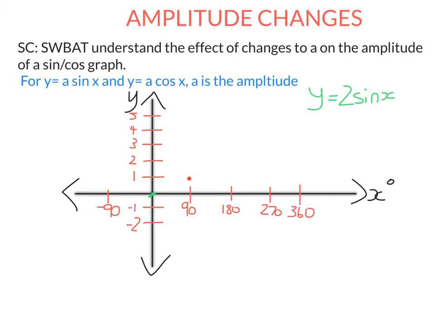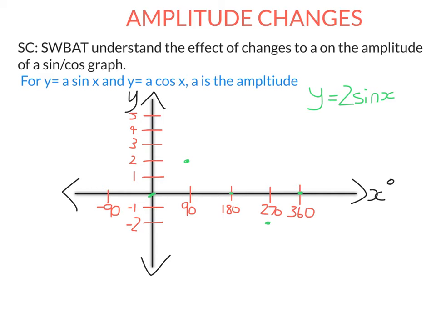But because the amplitude here is 2, the maximum's going to be up here at 2. So we put a dot there. Then at 180, sine is again 0. At 270, sine of 270 is minus 1. 2 times minus 1 gives you minus 2. And then at 360, sine is again 0.